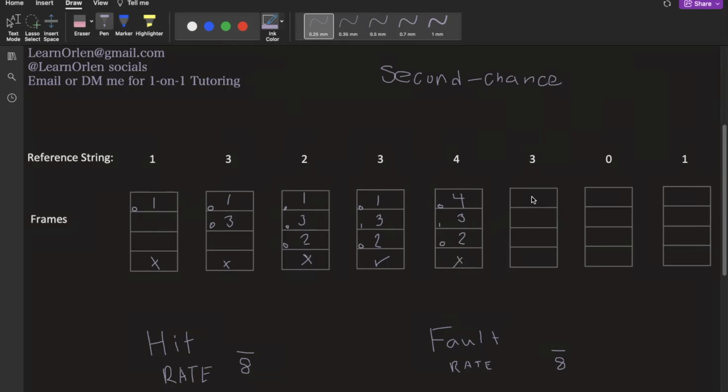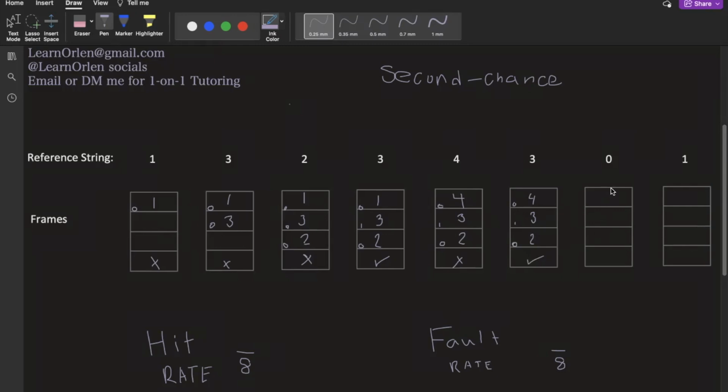Next, 3, a hit. And notice it incremented to 1, but it can only be at 1 because it's binary. We can't go to 2, 3, and so on. But it is a hit.